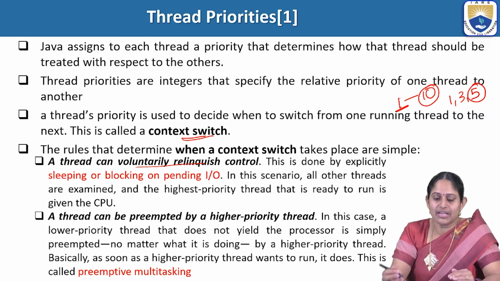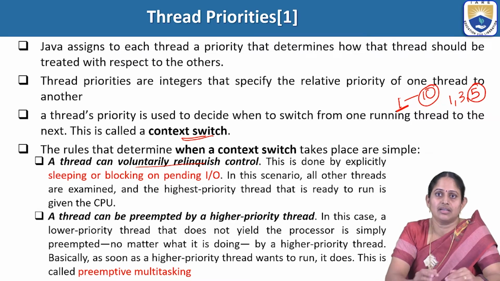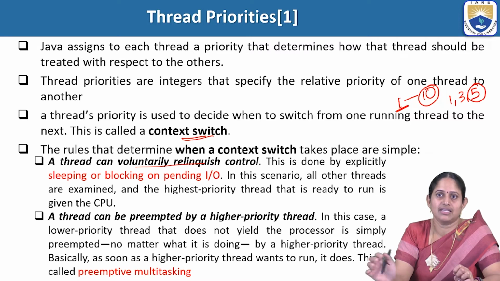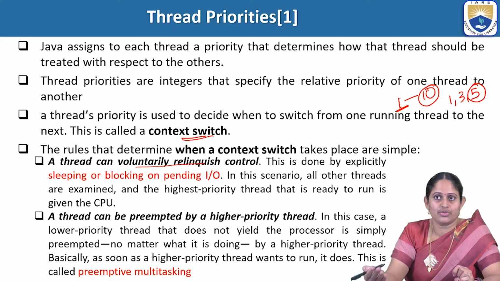When a particular thread goes into sleep mode, or relinquishes its control, the other threads will be checked for priority. The highest priority thread among them will be given the CPU, so that thread can complete its work. That is one case in which thread context switching happens.